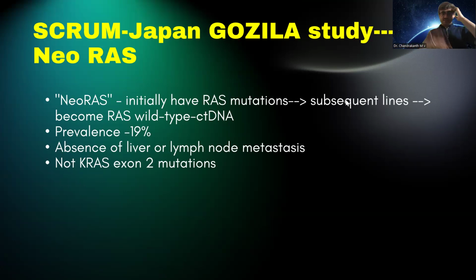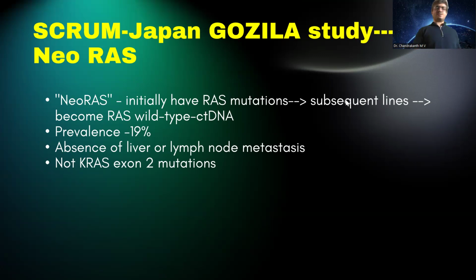This RAS mutation becoming RAS wild type, the possibility is 19%, especially if there are no liver mets and lymph node metastasis, and KRAS exon 2 mutation should not be there.